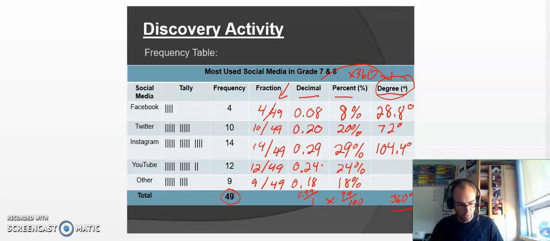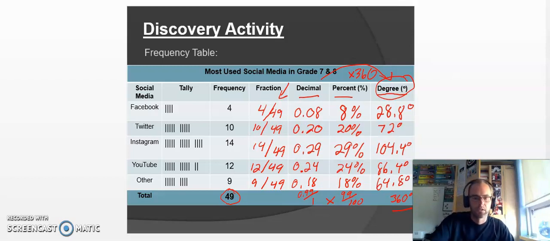YouTube is 0.24 times 360, and I get 86.4 degrees. And the last one, 0.18 times 360, and I get 64.8 degrees. All right, so that's how you get your degrees.